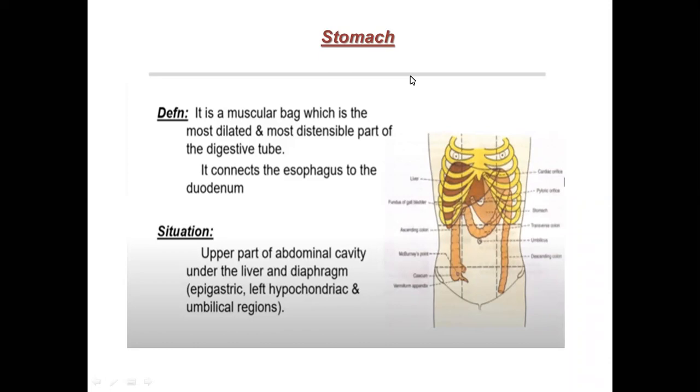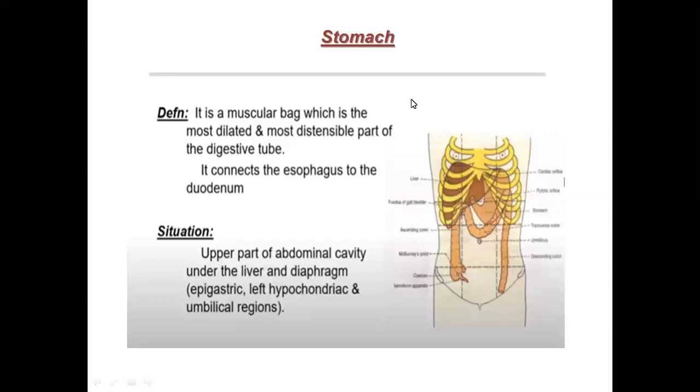Yes, partly left hypochondrium. So yeah, are you not able to speak? Because you all are. Yes, ma'am, partly left hypochondrium, partly epigastrium, and partly in the umbilical area.